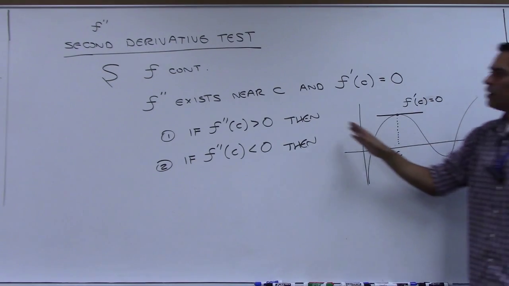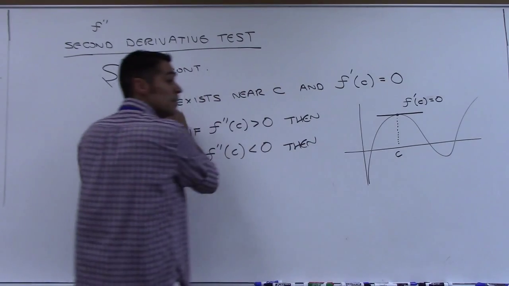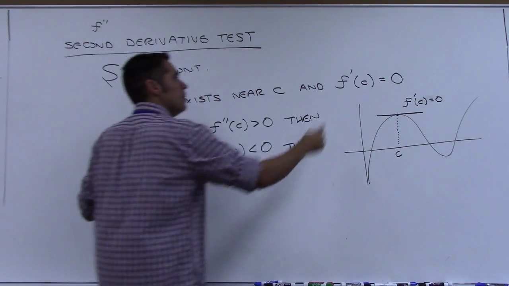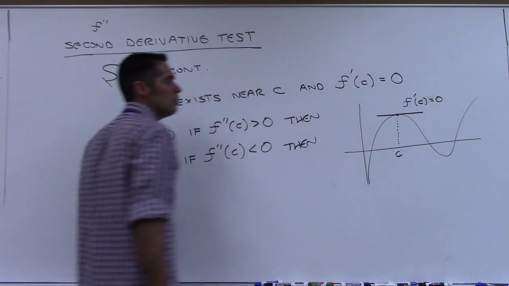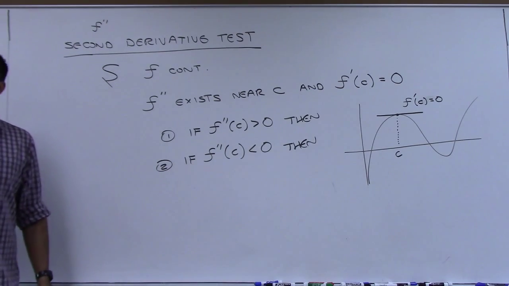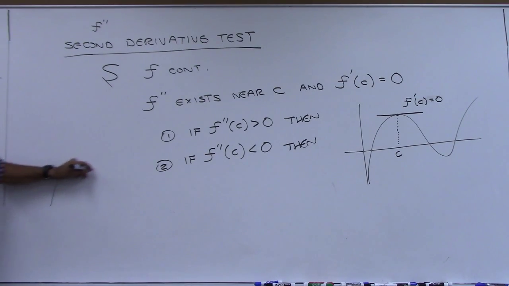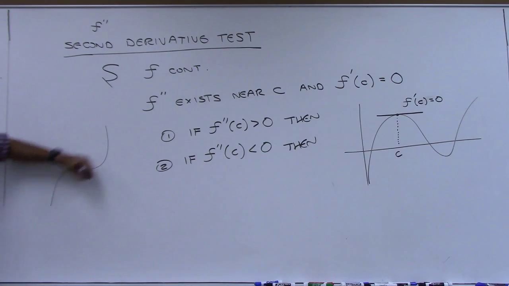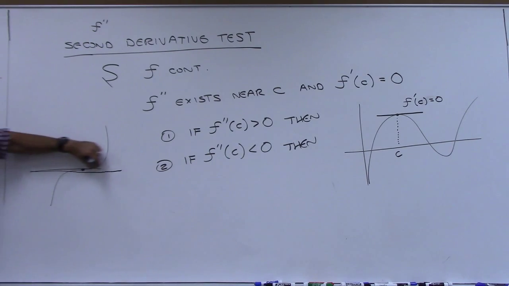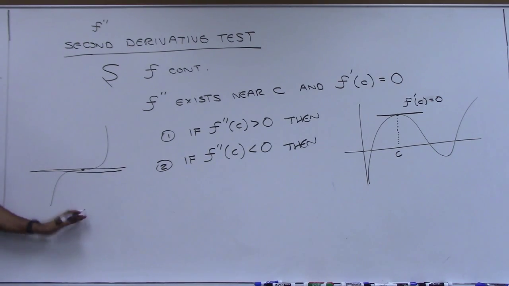So I've got a continuous function, and my second derivative I can actually compute, but the first derivative at that point is 0. That was not enough in the past to tell us that we had a local maximum or minimum. Just because the derivative is 0 doesn't mean you're at a max. Here's an example of a function where the derivative at this point is 0, but it's not a maximum.